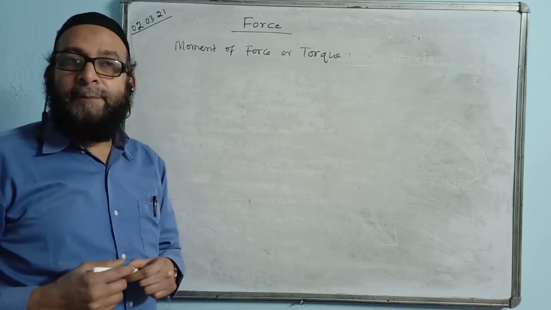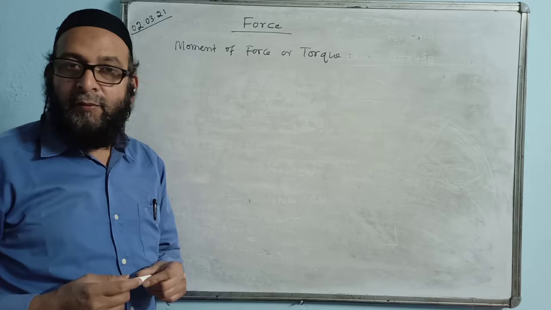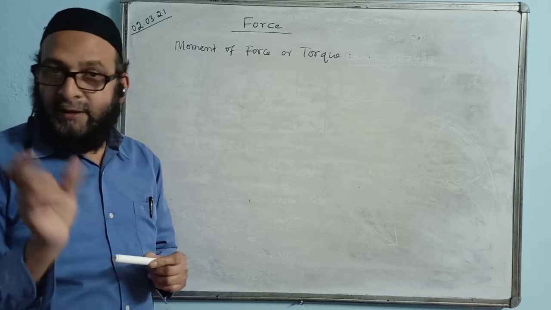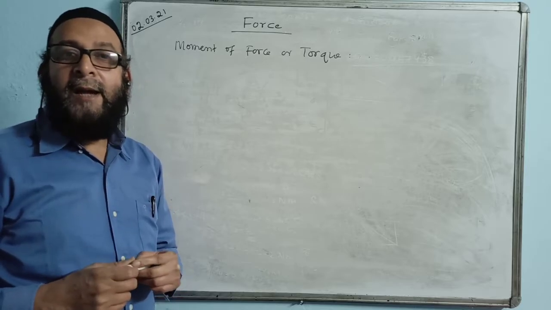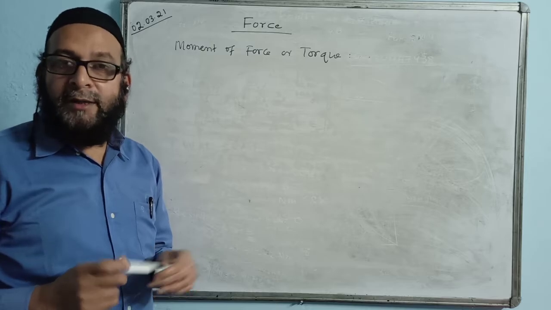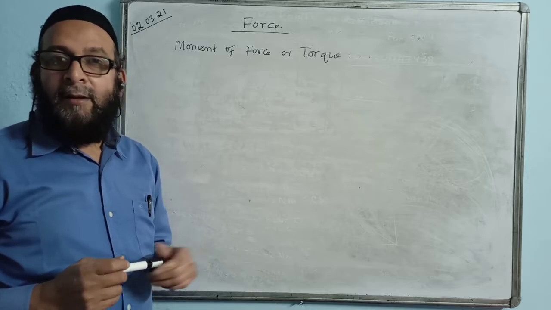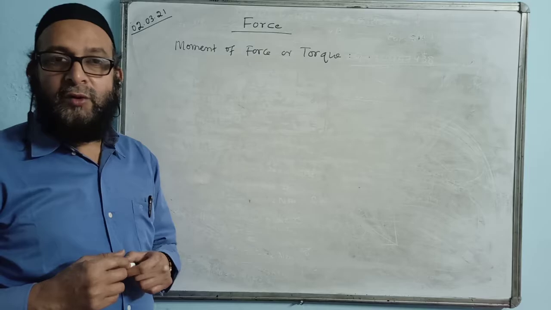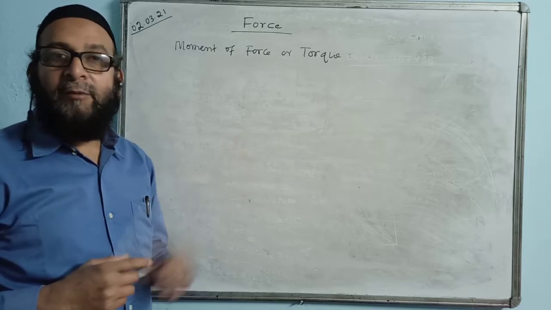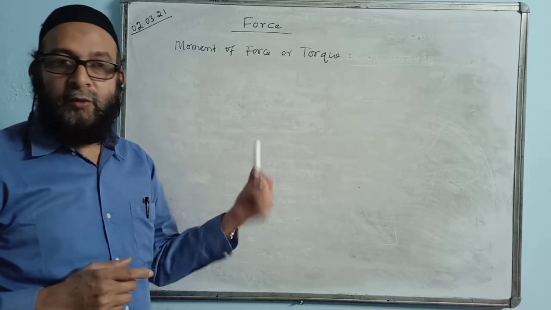It is measured by the product of the magnitude of force, which is the value of force, and the perpendicular distance of the line of action of force from the pivoted point or from the axis of rotation.